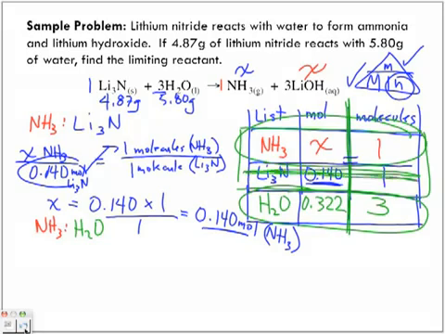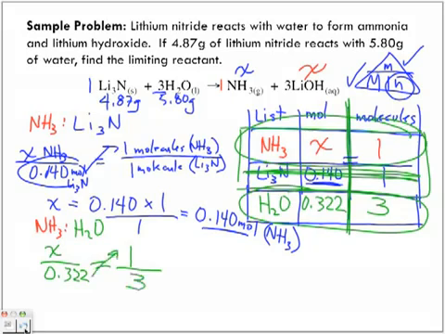So we're going to have X moles of ammonia over 0.322 moles of water is equal to 1 molecule of ammonia over 3 molecules of water.